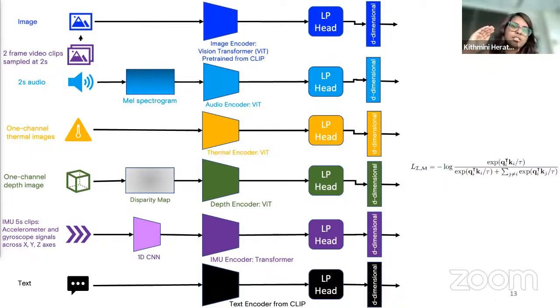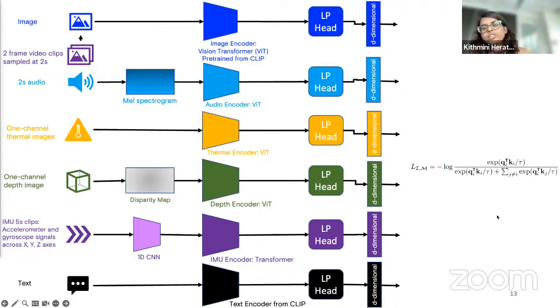So once you get these d-dimensional vectors, they would use the contrastive objective shown here on the right to train this model, so that finally they would come up with this joint embedding space.